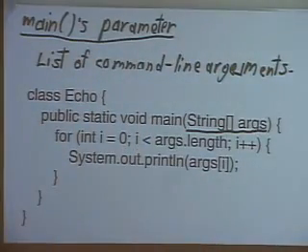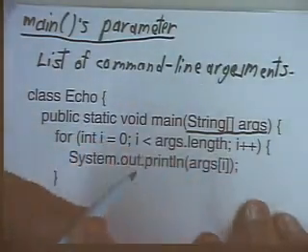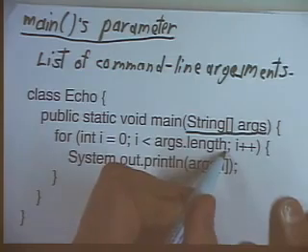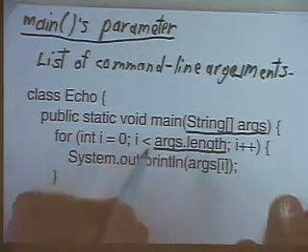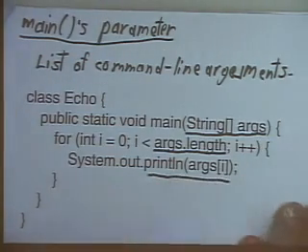What this loop, which is also in your notes, does is it walks through the array of strings. And remember, the way to know how long an array is is by looking at args.length. For each one of the strings in that array, it prints it out on the screen so you can take a look at it.